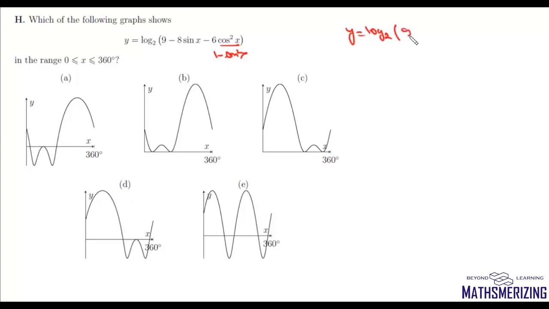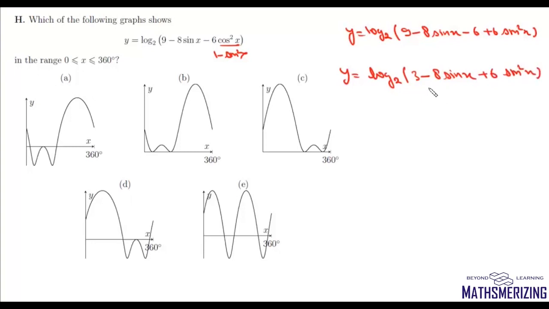log 9 minus 8 sin x minus 6 plus 6 sin square x to the base 2, or y equals log 3 minus 8 sin x plus 6 sin square x.